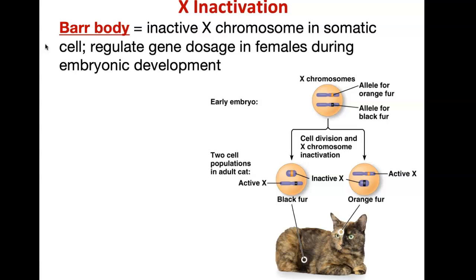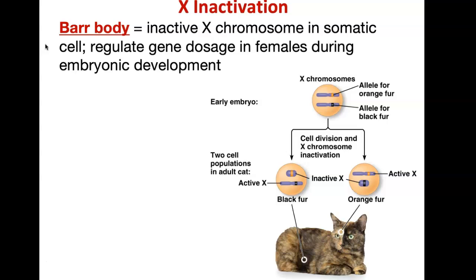So now looking at the other circle on the right, kind of right above the head of the cat, one of the chromosomes that has been turned off, that's the Barr body, has black fur on it. So this cell is not going to produce black fur. It's going to produce orange fur because the other X chromosome has the active gene for fur color.